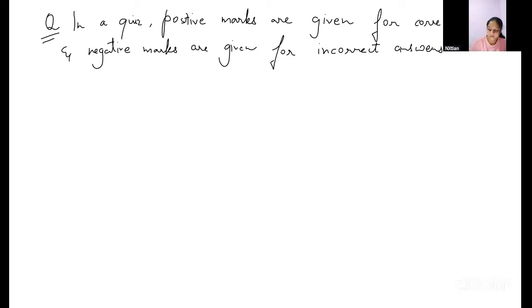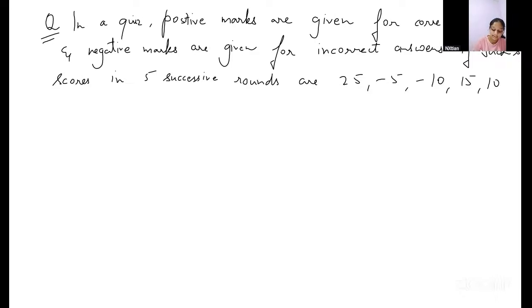If Jack's scores in 5 successive rounds are 25, minus 5, minus 10, 15 and 10, what was his total at the end?